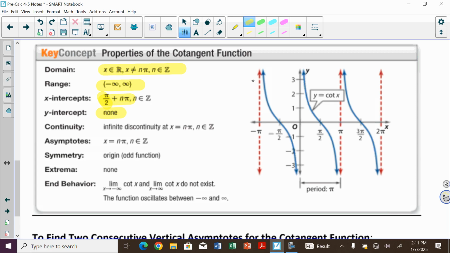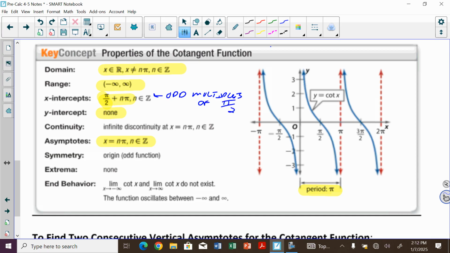Okay. Notice that there is infinite discontinuity. The asymptotes will be here as well, and our period again is pi for the parent function. A couple of things to point out here again: when you're looking at x-intercepts, these are going to be odd multiples of pi over 2 again, so very similar.